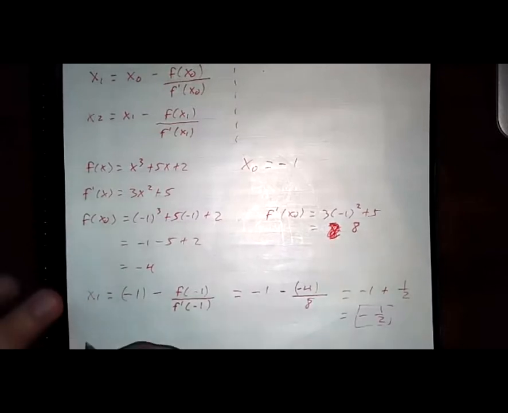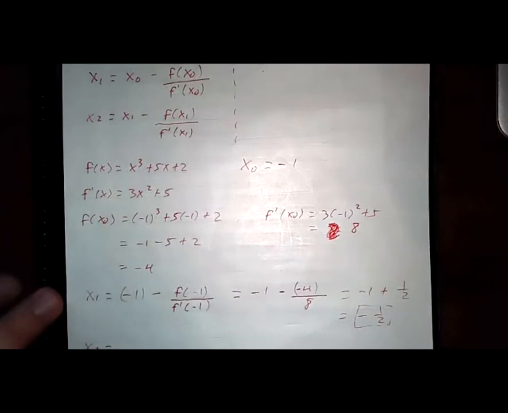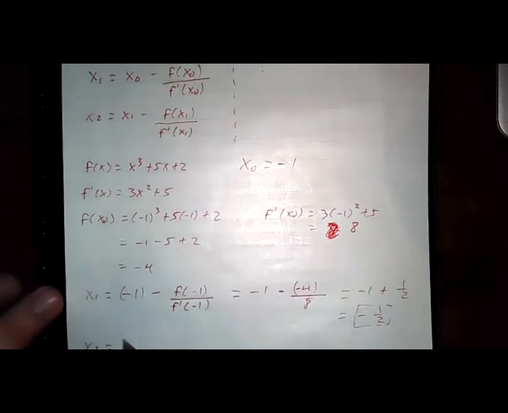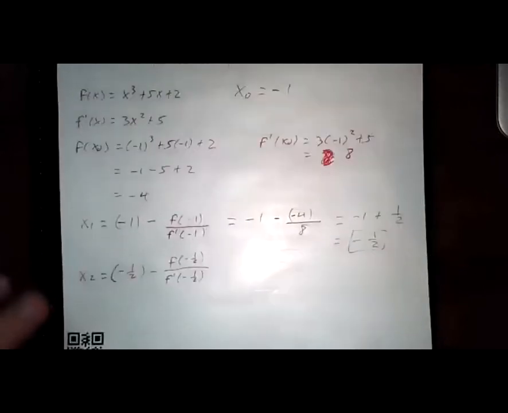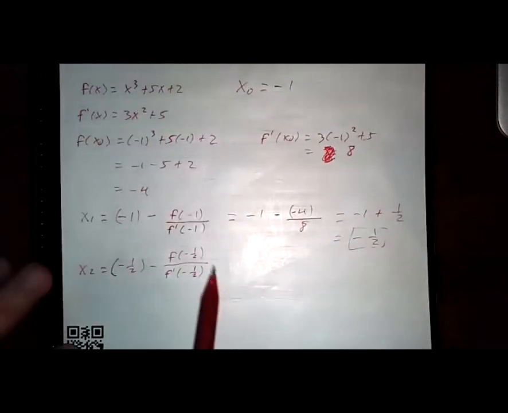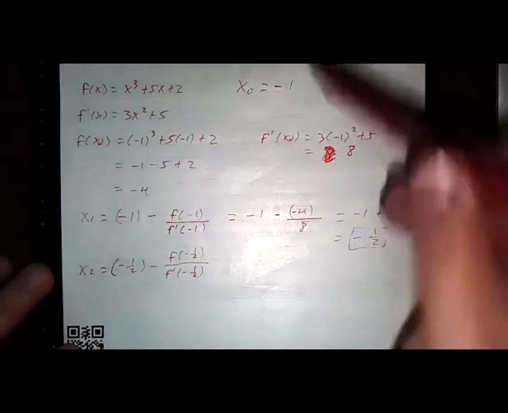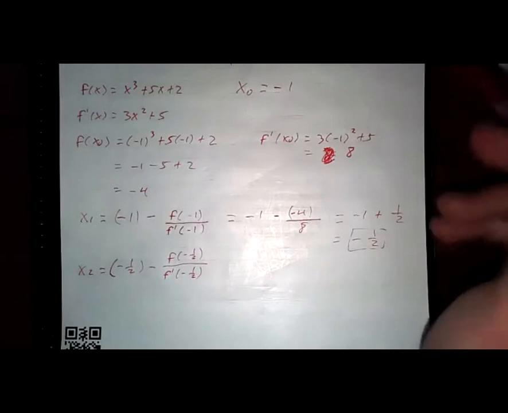So x2 is equal to -1/2 minus f at -1/2 over the derivative at -1/2. So you have to find these guys. Since I'm out of space, I wanted to do it like this again, but I'm low on space now.